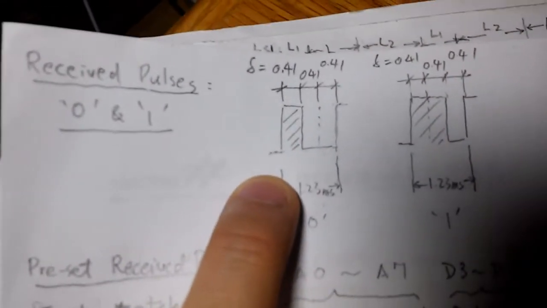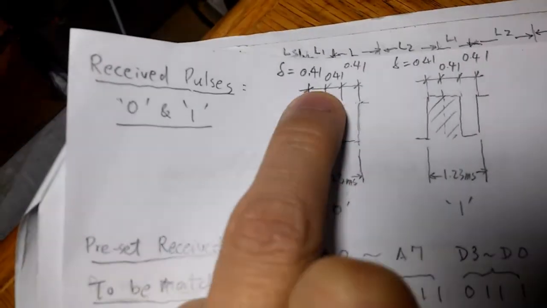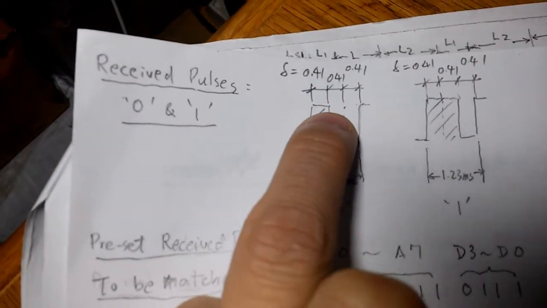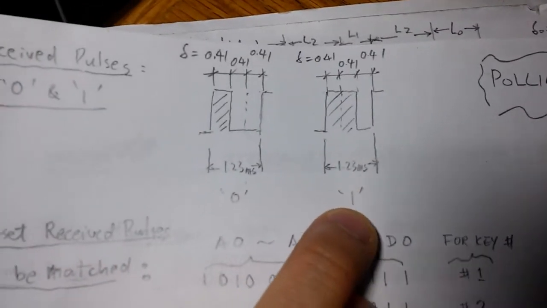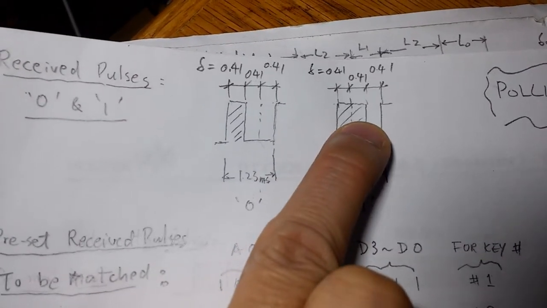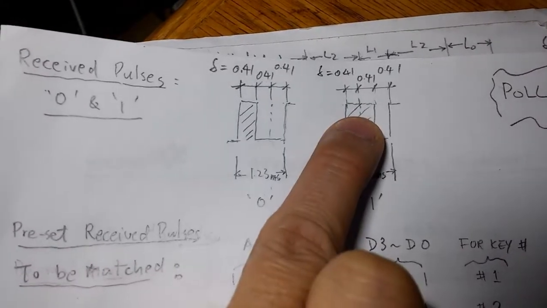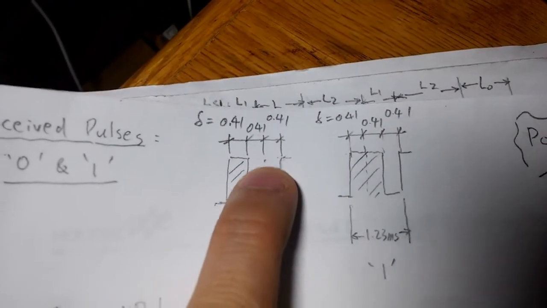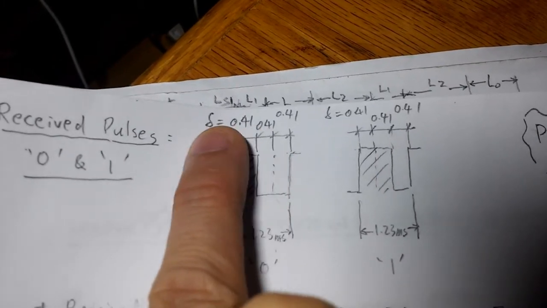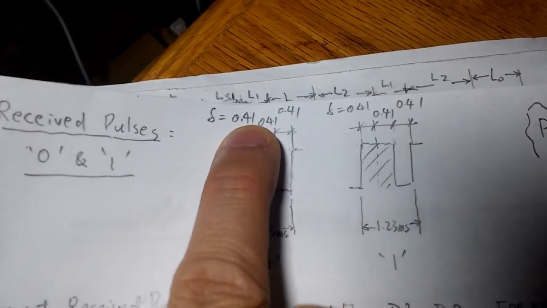And here, the high level for the 0 bit is shorter, only 1/3 of the total time length, and the 1 bit is 2/3 of the time length. I divide it into 3 portions, and each portion, namely delta, is 0.41 millisecond.